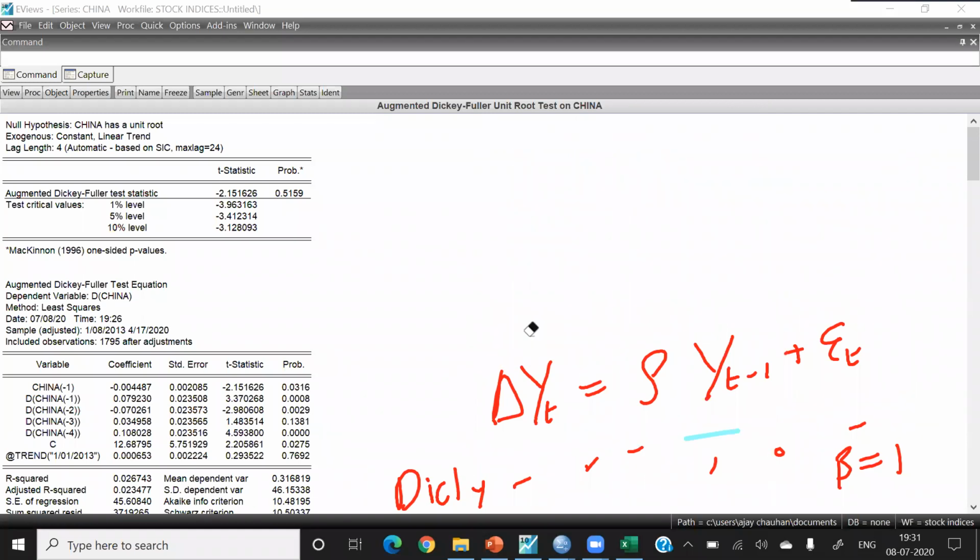Okay, so I am starting from here, because this is the equation given by Dickey-Fuller, and later on he modified the equation.